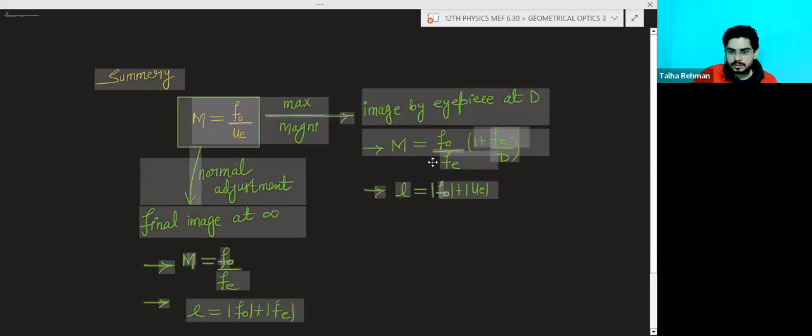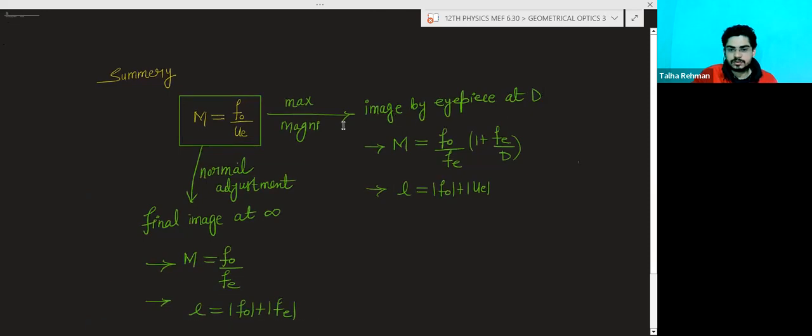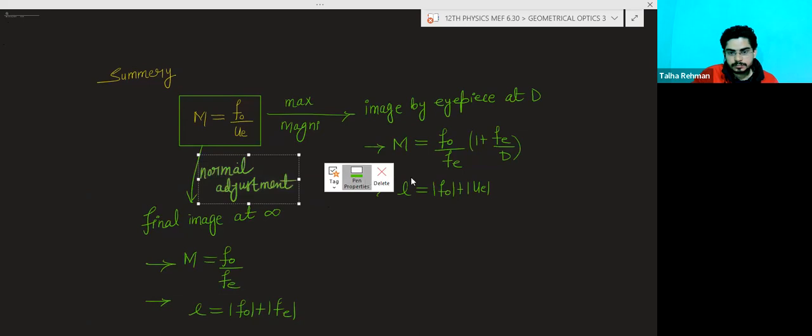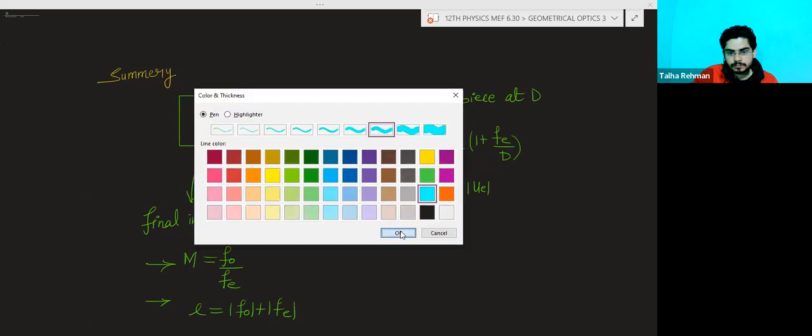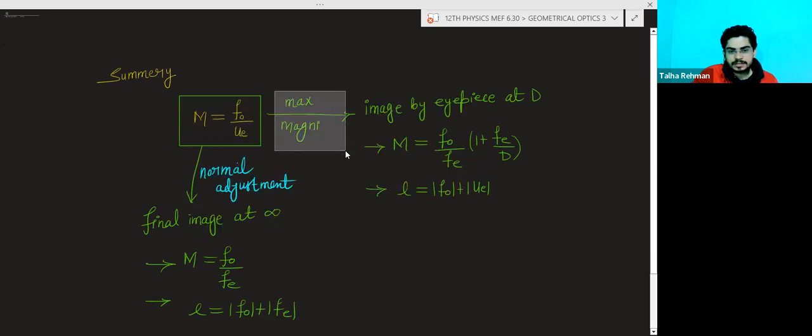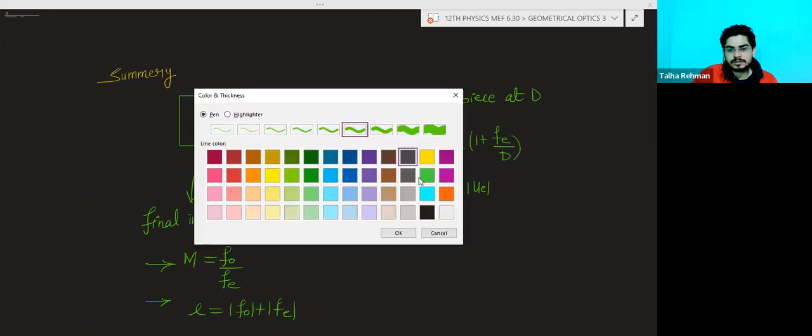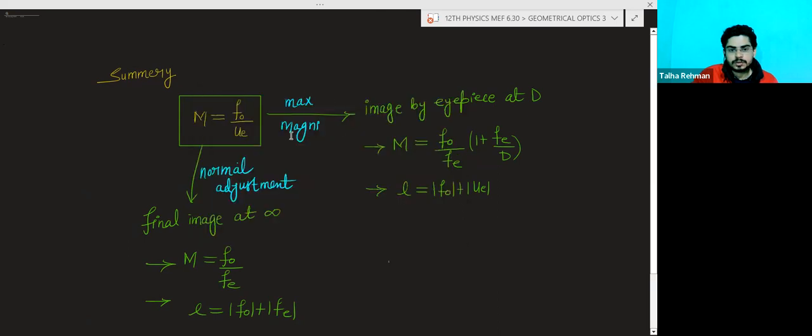Now we'll solve numerical. For numerical, you should know this summary. What is the magnification in case of the normal adjustment? What is the maximum magnification? So you should know the formulas.